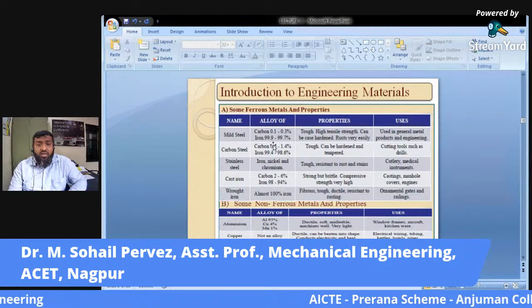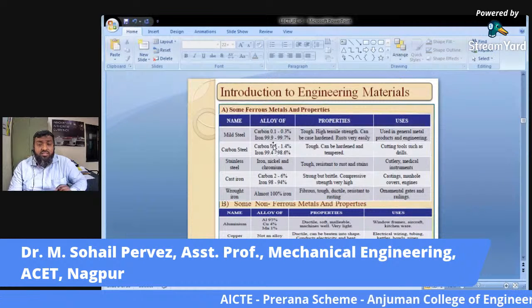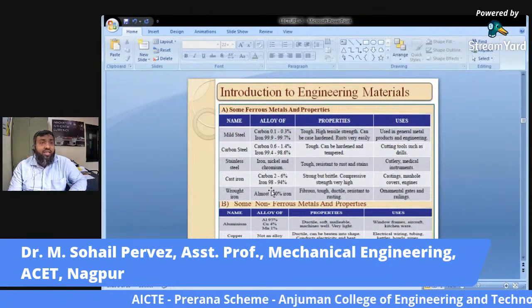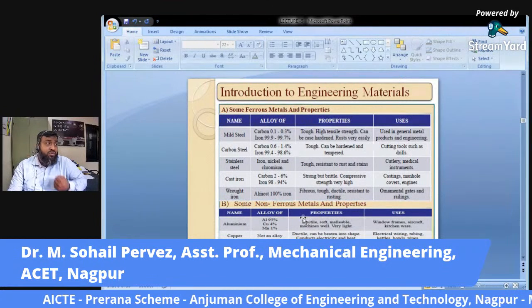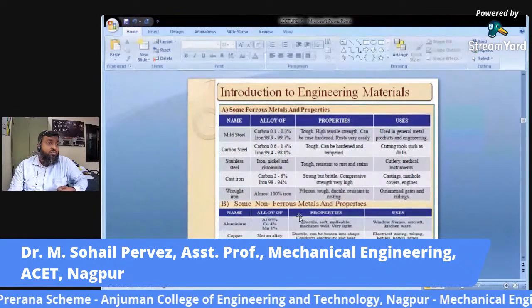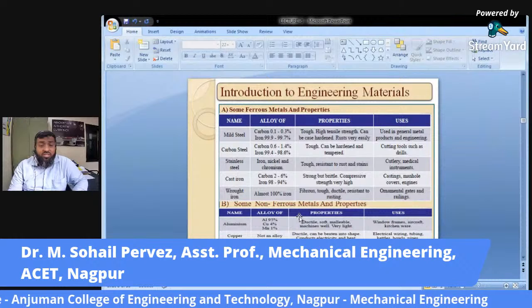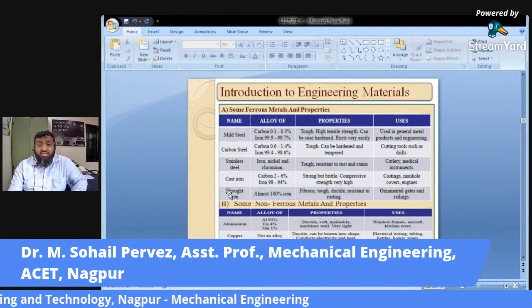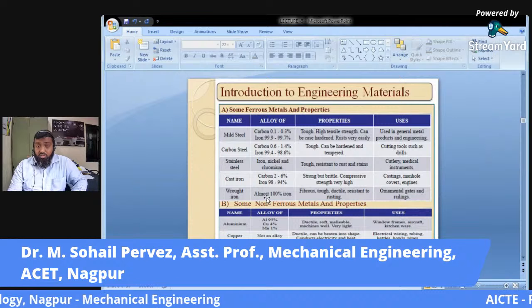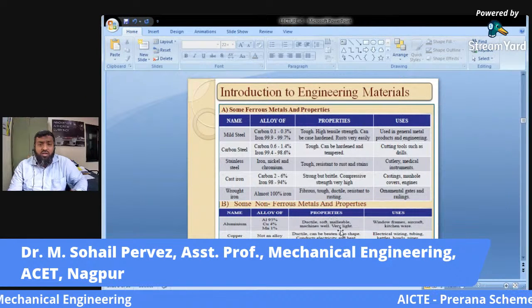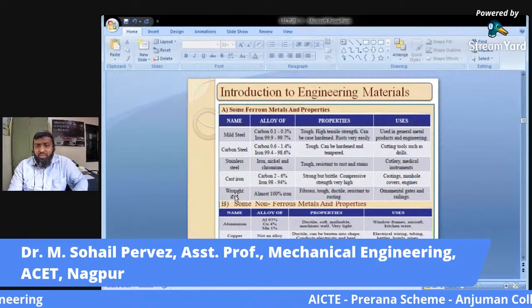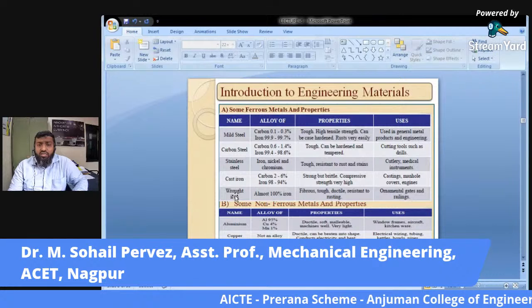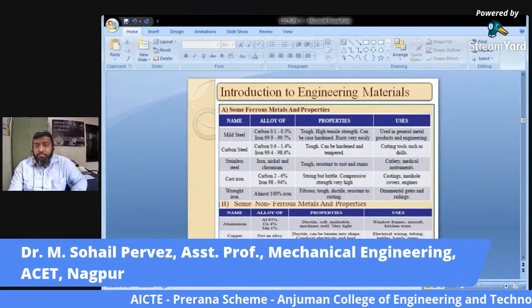Stainless steel has a slight use of nickel and chromium because we have to give it a super surface finish, the polish or luster at the surface. Cast iron, obviously the carbon percentage would be increased. Wrought iron is also known as the basic iron or the ore iron. 100% iron is there.